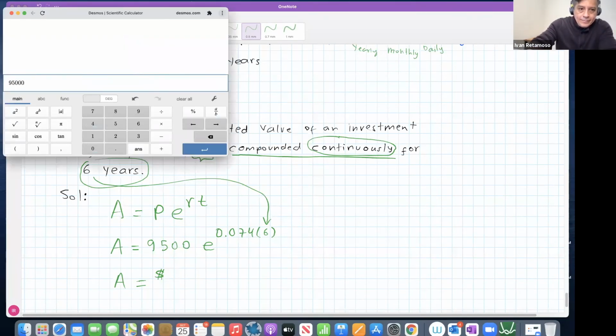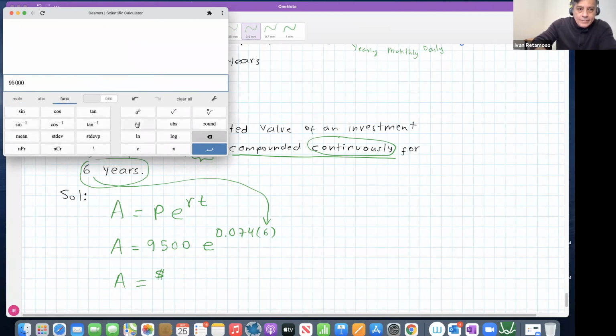A equals the following: 9,500 times E. Professor, where is E? Here, functions, E to the X. E to the 0.074 times 6, close parentheses.